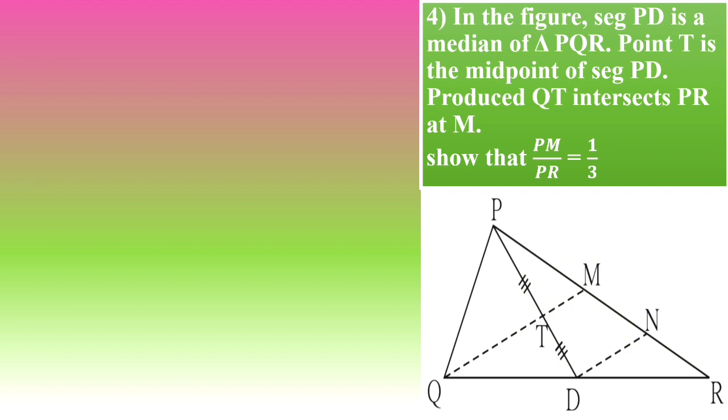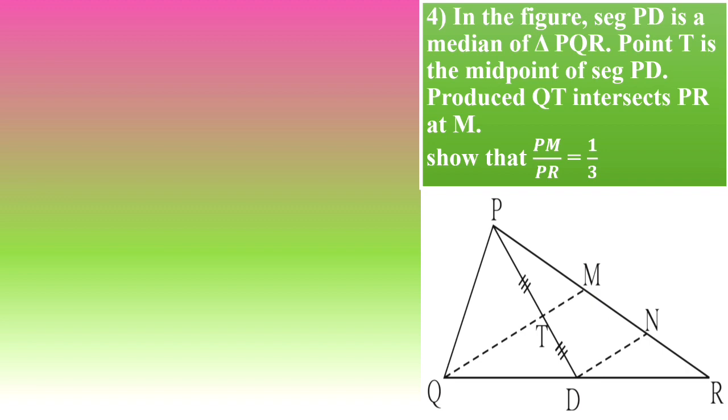Now we'll see question number 4. In the figure, segment PD is a median of triangle PQR. Point T is the midpoint of PD.